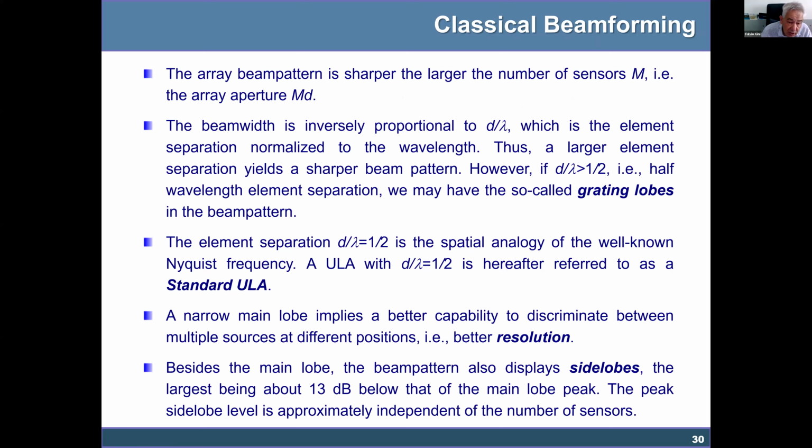Otherwise, we have the aliasing, we have the grating lobes. So d over lambda equals 0.5 is the highest normalized distance that we can have if we don't want grating lobes. Now this ULA with d over lambda equals 0.5 sometimes is called standard ULA.